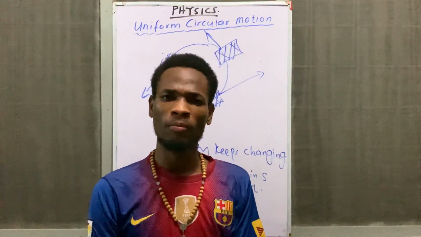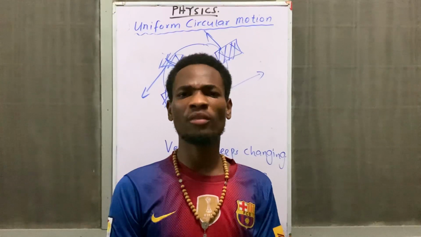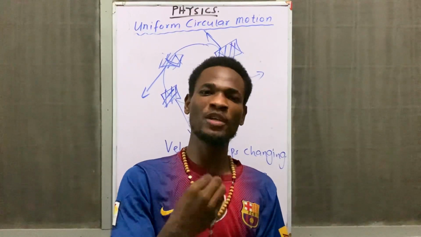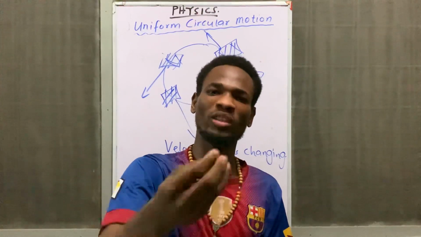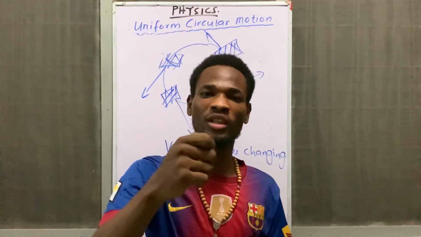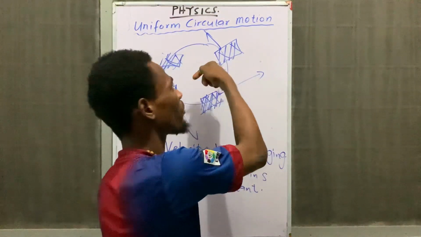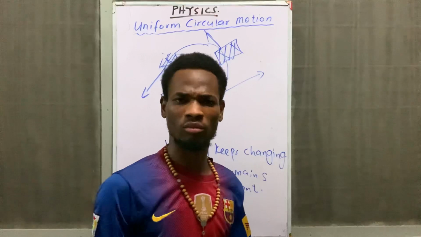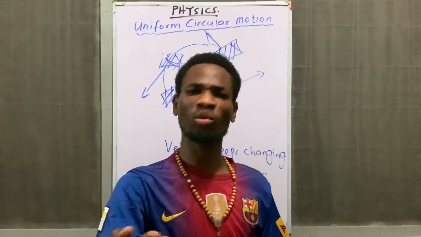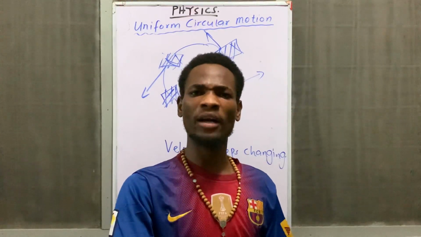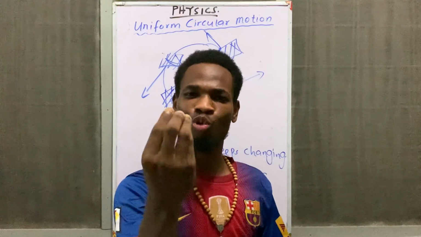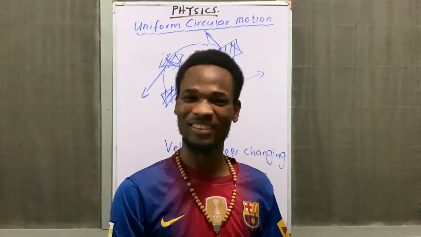Now, whenever you have a circular motion such that the speed of the body remains constant, that is where we give the name uniform circular motion. So uniform circular motion is a type of motion whereby the speed of the moving body remains constant.